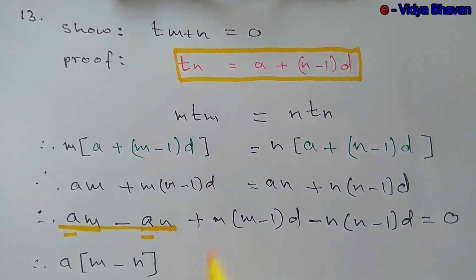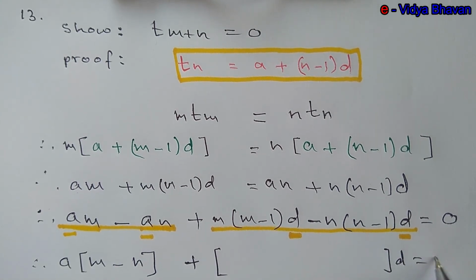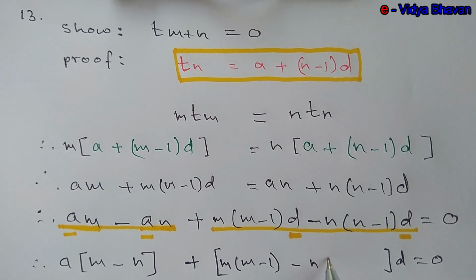And in this term we will take d common. Here it will be m into m minus 1 minus n into n minus 1.